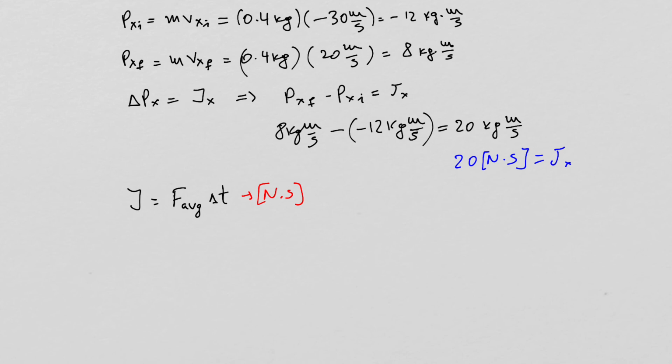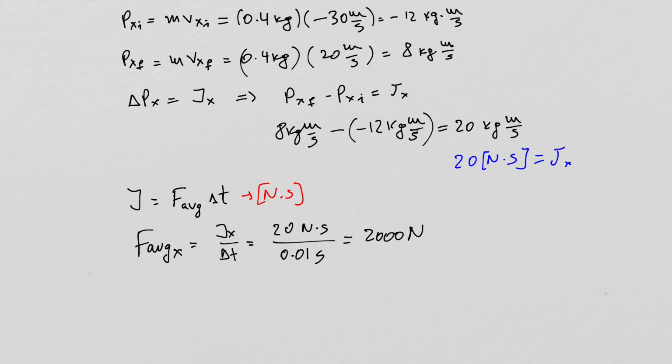So the average force in x direction will be equal to jx divided by delta t. That is 20 Newton seconds divided by 0.01 second. And this is going to give us 2000 newtons.